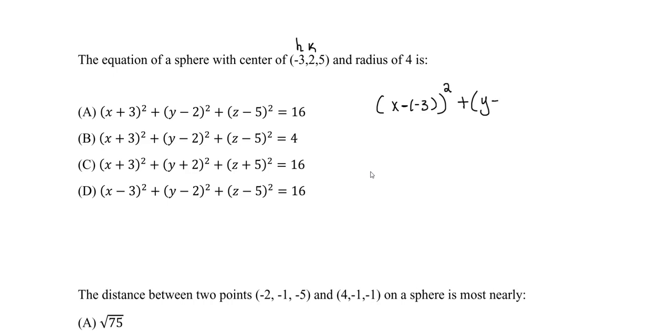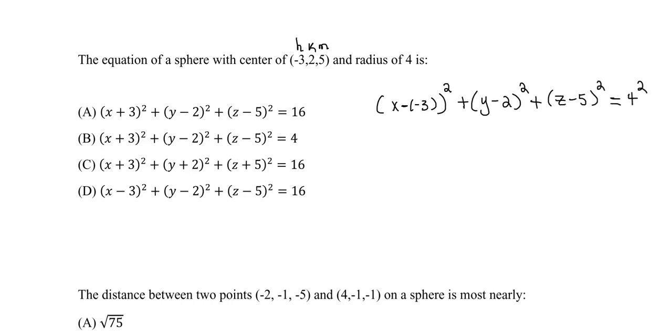So our y minus 2 squared plus our z minus our, if we go back, m value. So they use m. This is our m, which is 5, squared, equals our radius squared. Our radius is 4, so we take 4 squared.